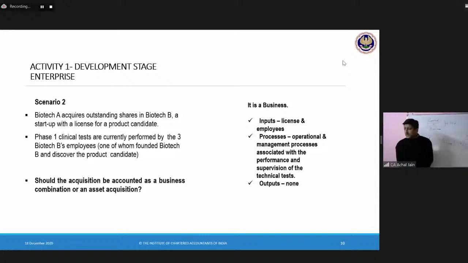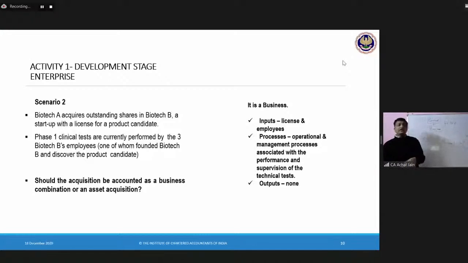Now, in this case, even though you are calling this a business, please go back to the understanding which we obtained. For a business, 3 things were mandatory. Please don't forget that. What were those 3 things? Input, process, and output. In this case, do we have any input? Of course, yes.